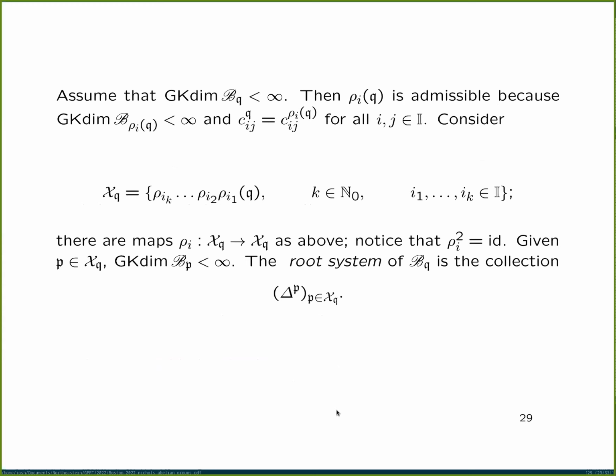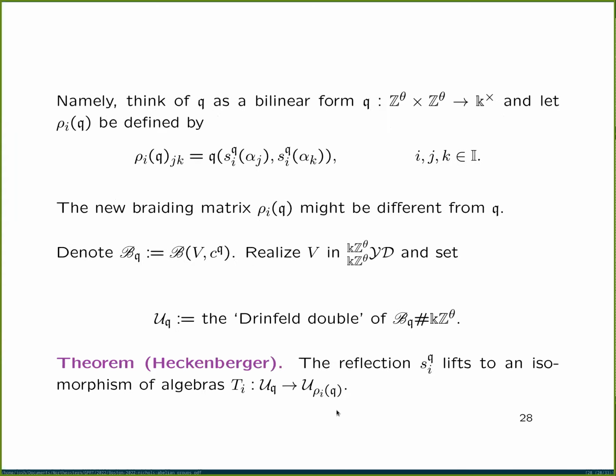Now, assume that the Gelfand-Kirillov dimension is finite. Then rho_i of Q is again admissible, because if the Gelfand-Kirillov dimension of B_Q is finite, then the Gelfand-Kirillov dimension of the bosonization is finite, and then the Gelfand-Kirillov dimension of the double is finite, and vice versa.